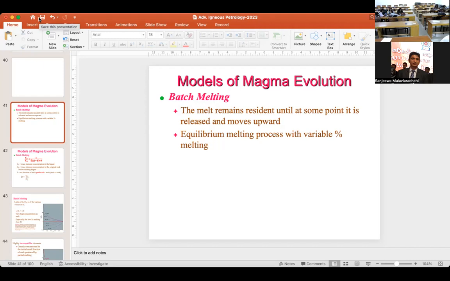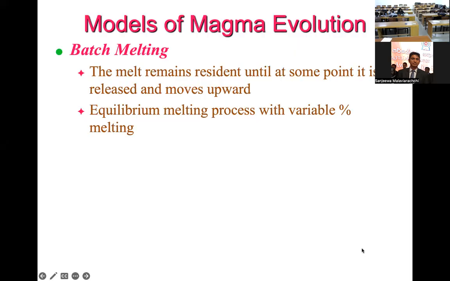But of course, the partition coefficients are not the same for all systems. There are specific partition coefficients for different systems, right? You remember the basaltic system contains one type of partition coefficients, and the granitic system contains another set. So it depends on the composition of the melt.